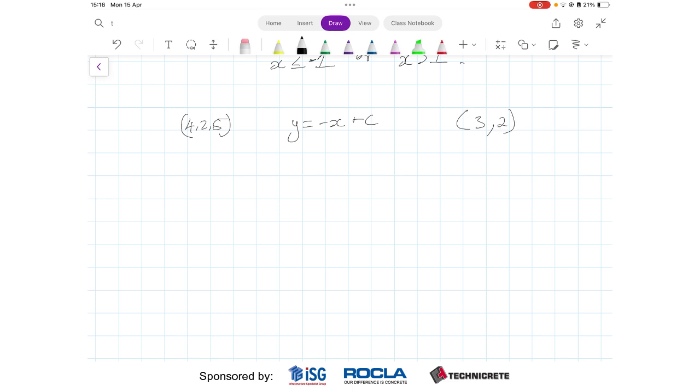Okay, our axis of symmetry will pass there. We substitute this point into our equation such that we have 2 is equal to minus 3 plus c, and c equals 5. This tells you that the equation for the axis of symmetry is minus x plus 5.